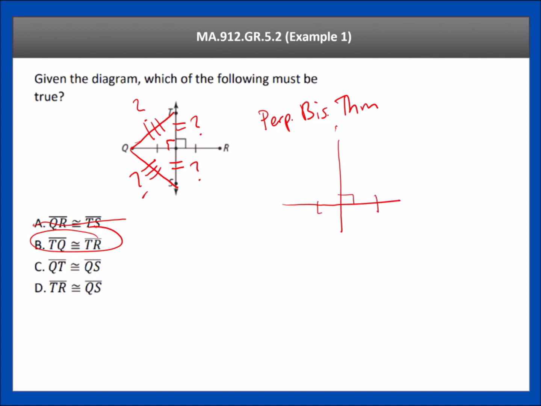However, it might be that this does not cut this in half, right? So in this picture that I drew, this is actually 5, this is actually 2. There are different distances. So if those are different distances, it's not guaranteed that these are going to be the same distance on either side. So C is not guaranteed. And then similarly for TR, okay? So the answer is definitely B.